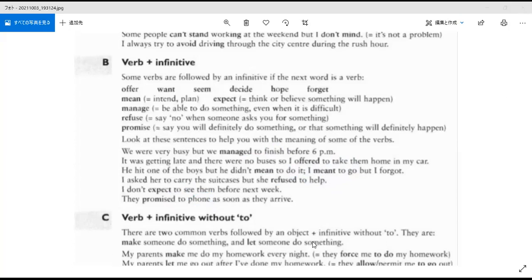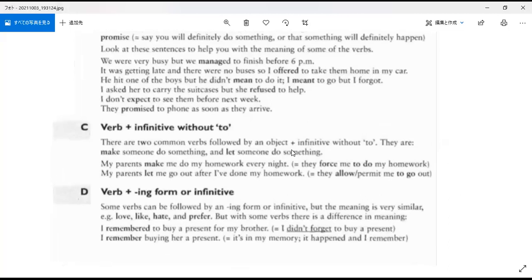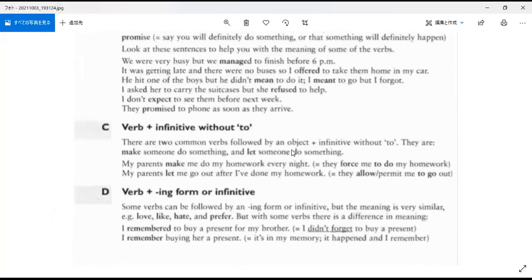And then verb infinitive without to. So it's like this. So in the to infinitive, they're going to use the force me to. See, force to. It's still to infinitive. Allow me to go out.